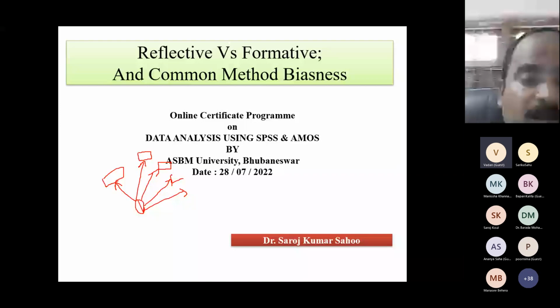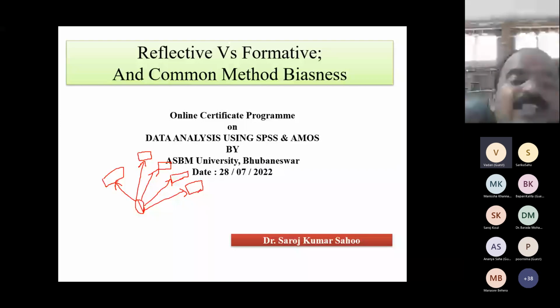The construct or latent variable or the factors are reflected through the independent variables or exogenous variables or indicators. Do not worry, all these things will be explained. That means the arrow mark will go from the construct or latent variable towards the indicators, towards the squares or the rectangles.